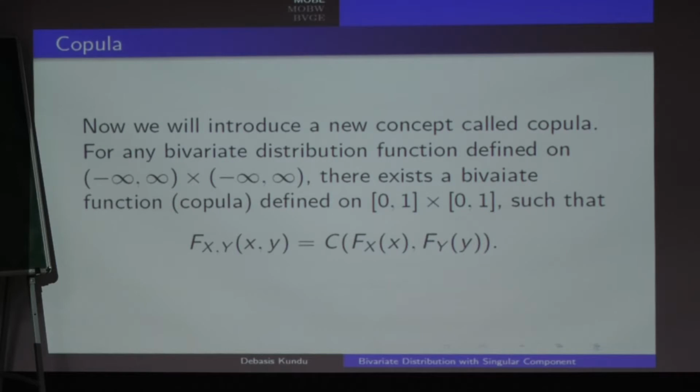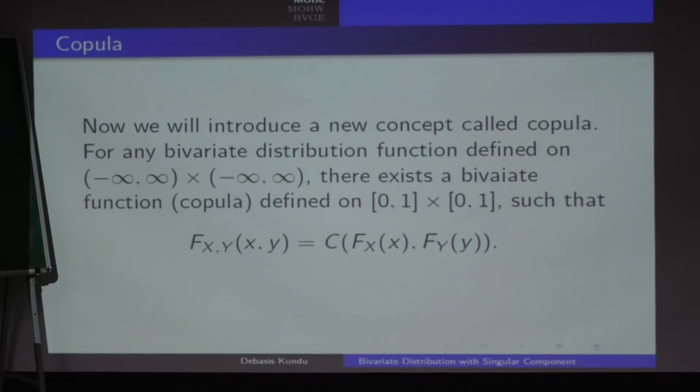For example, I'm just giving an example before going into the detail. Let me just briefly mention, and then I'll come back to the detail. Copula basically gives you a measurement of the dependence between the different marginals.